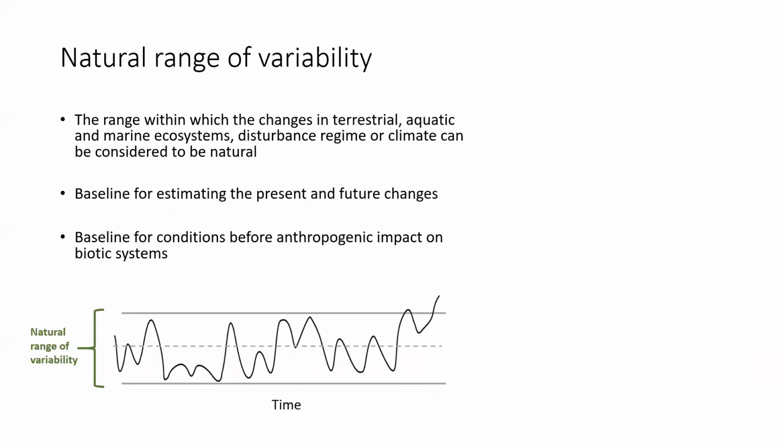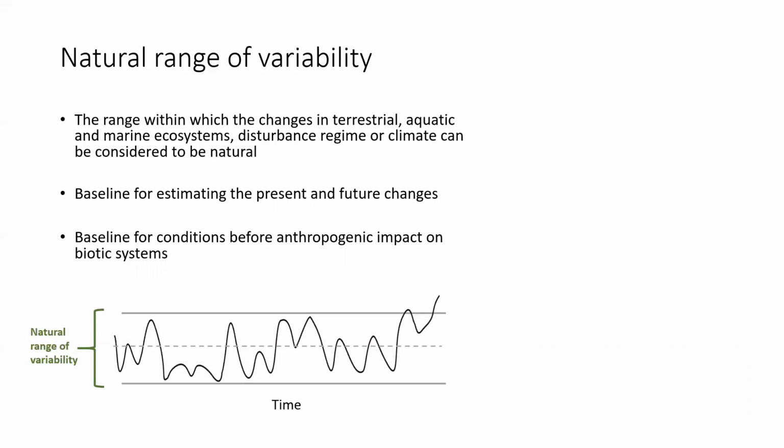might be the future changes. For example, we can look to the past and see how frequent fires have been or how much burning there has been in the past and how that is related to climate, and then look at the present changes and maybe try to make some kind of prediction of the future changes.